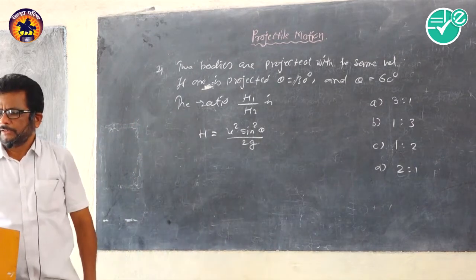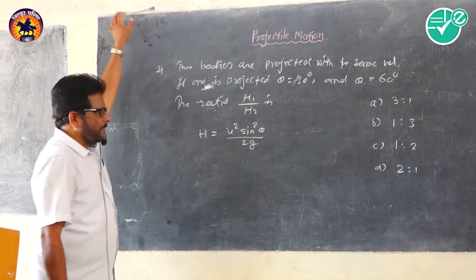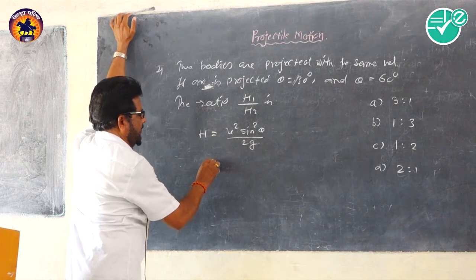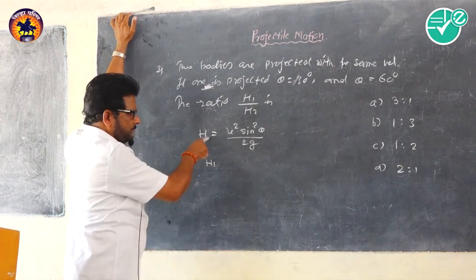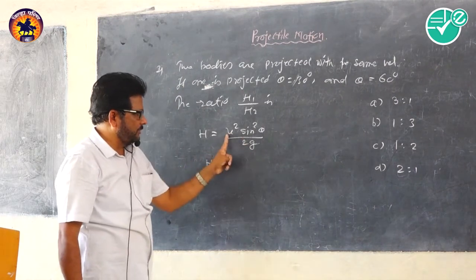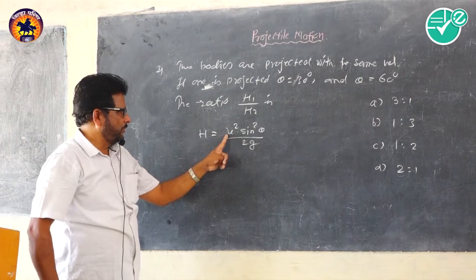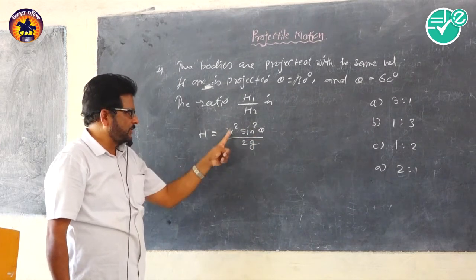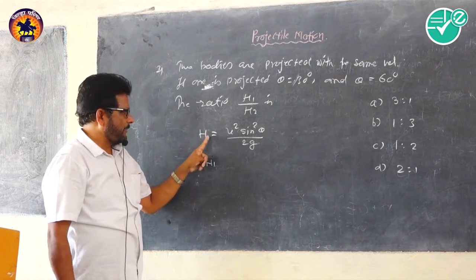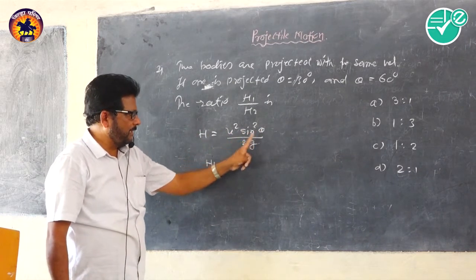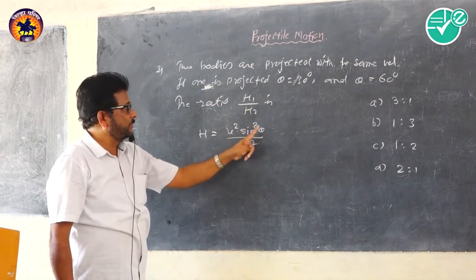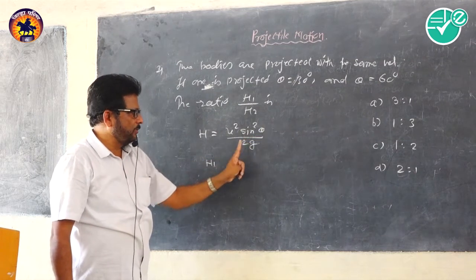For these two bodies, u and g are constant, so the variation is only in theta. For the first particle h1 equals u square sin square theta 1 upon 2g, and for the next particle h2 equals u square sin square theta 2, that means 60, upon 2g.